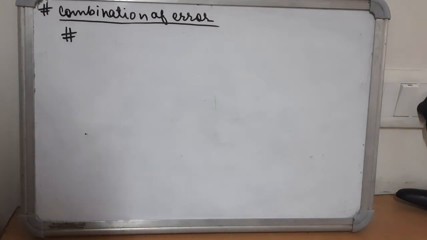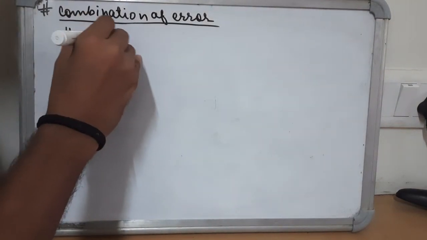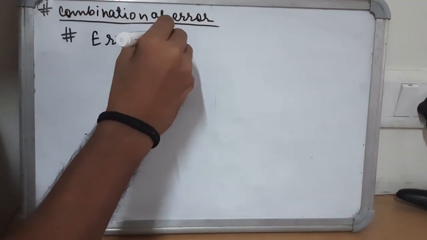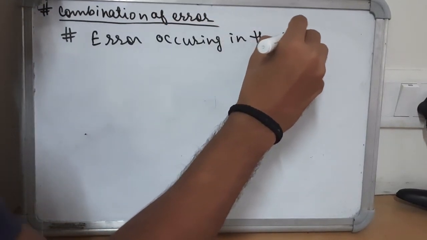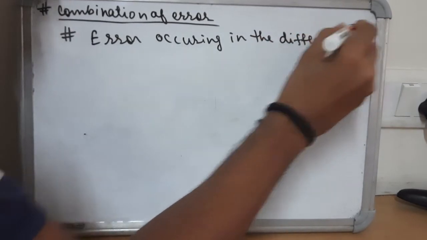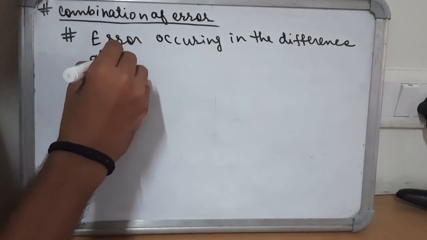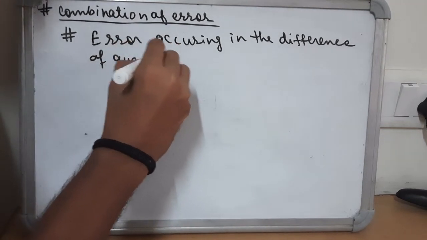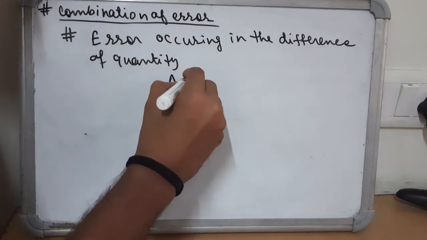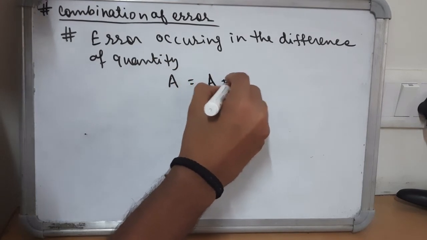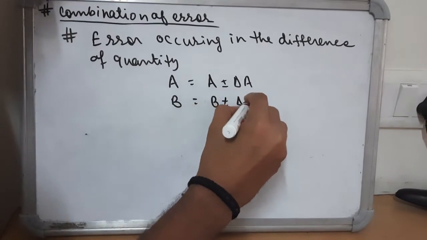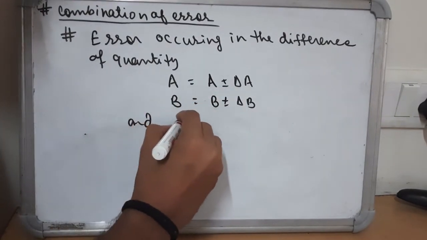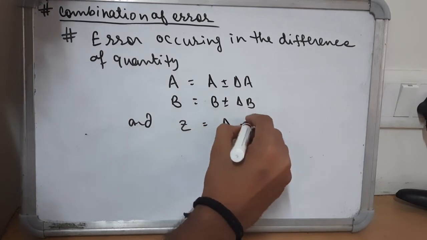Again we will see the maximum error occurring in the difference of two physical quantities. Suppose we have a physical quantity A which is written as A plus minus delta A and B which is written as B plus minus delta B, and we have another quantity Z which is the difference of these two quantities.